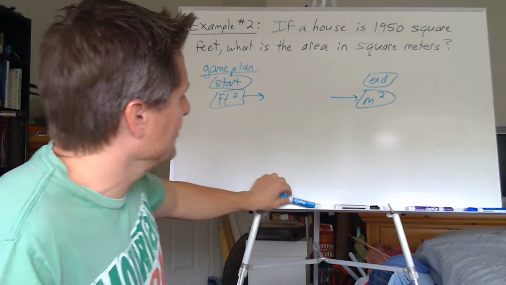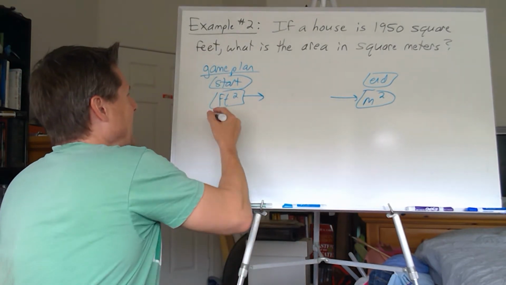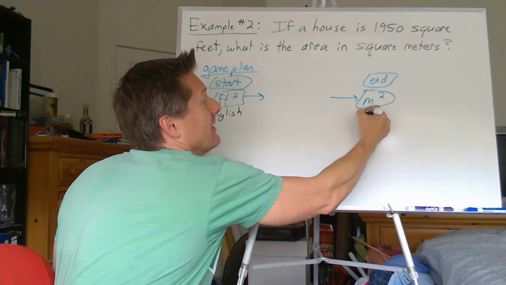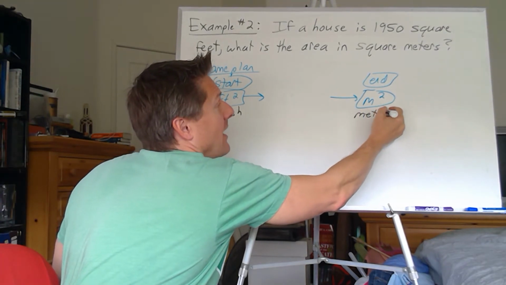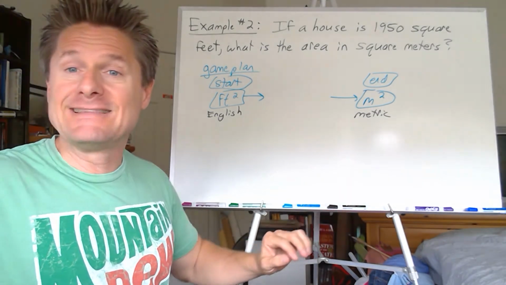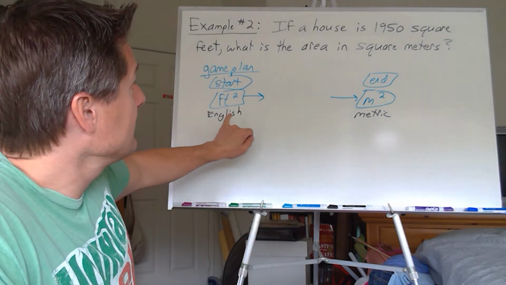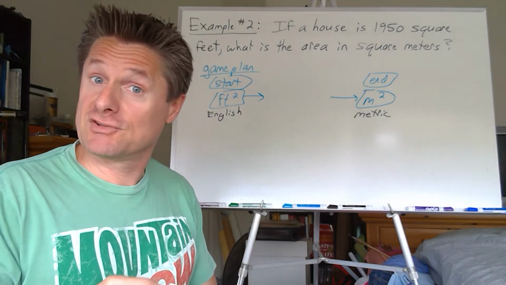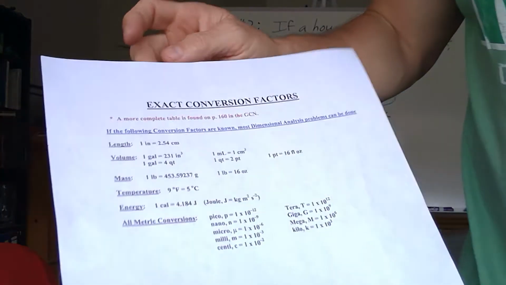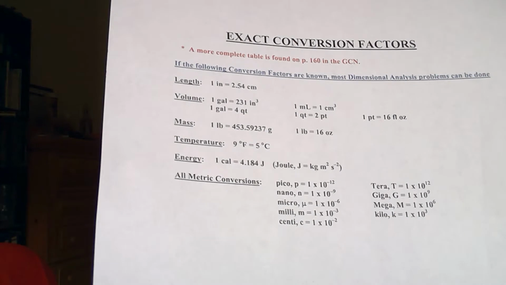So I've got to get from square feet, which is English units, to metric or SI units. So let's take a look at our exact conversion table and see if there's a feet to meters conversion that's exact. If not, we may have to do more than one step. Let's look under length.